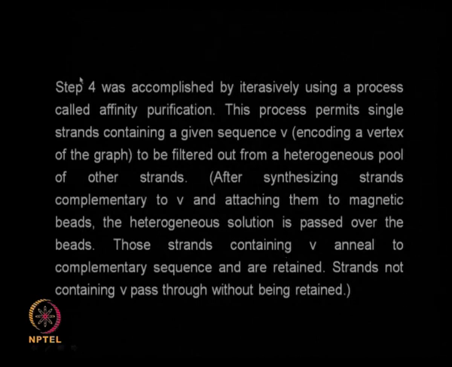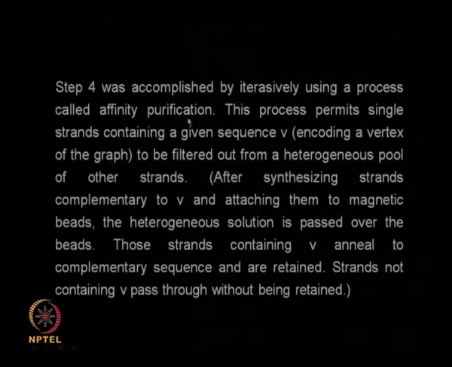The next step is, you have to make sure that the Hamiltonian path passes through every vertex of the graph. So, you have seen that it begins with 0 and it ends with 6, but how do you find out that it passes through 1? For that, you use what is known as affinity purification.